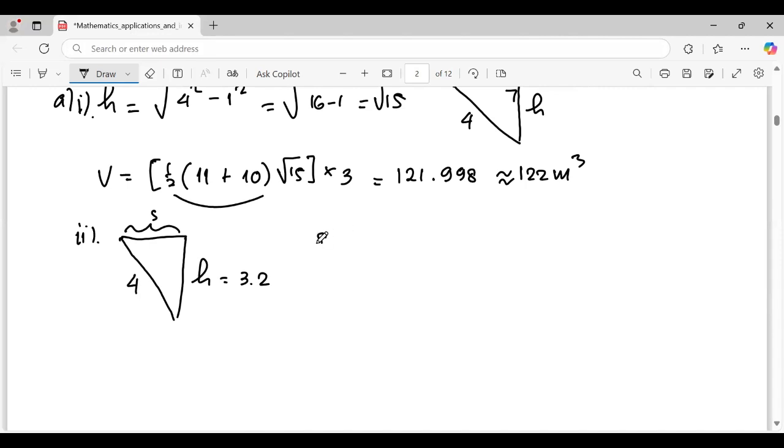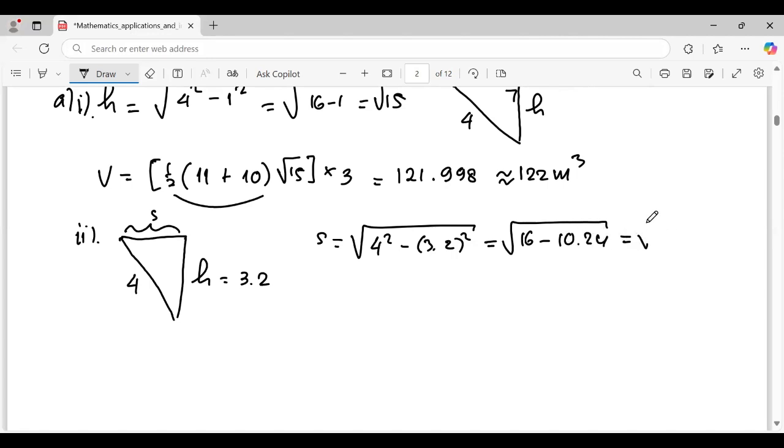The side equals square root of 4 squared minus 3.2 squared, 16 minus 10.24, square root of 5.76, 2.4. So this side is 2.4.